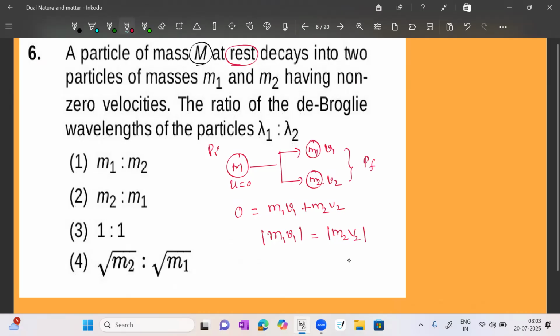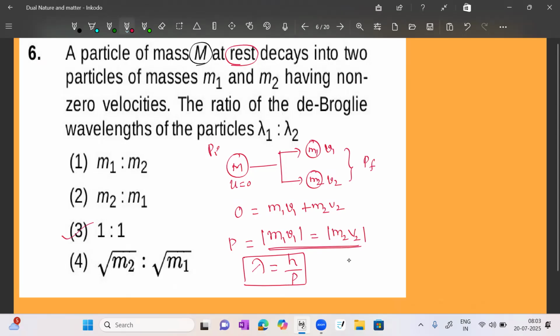So we can write lambda equals h by p, the formula we have. So 1 is to 1 is the correct answer. Why? Because here P1 is equal to P2, and h is a constant.